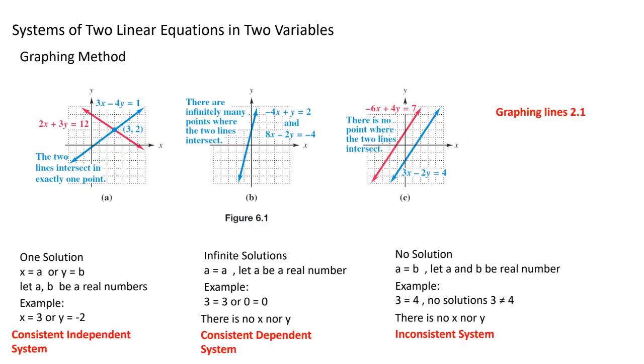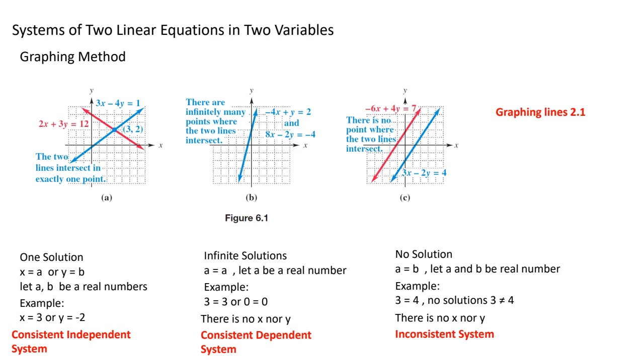One quick way to see if two lines have a solution is by graphing them. In our example A, we see that this blue line and red line intersect, so we automatically know this is going to have a solution.